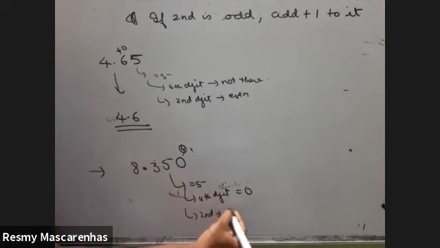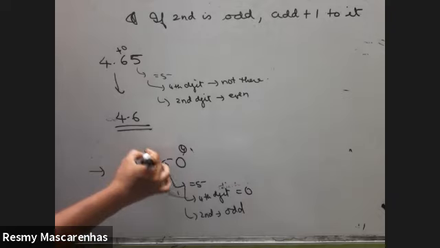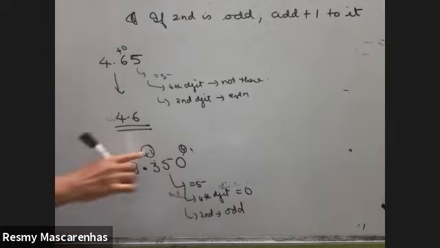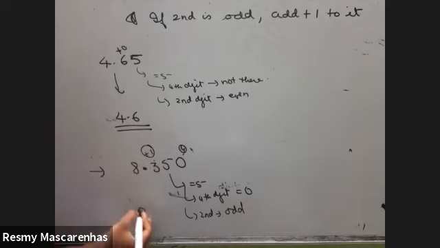The second digit is odd, that's why plus, so this is odd, +1 is 8.4. So quickly I'll try the answers for this.